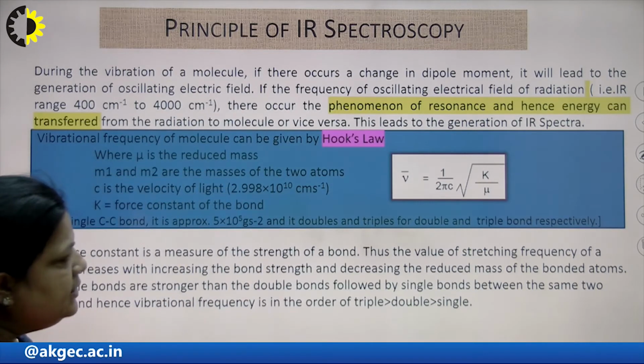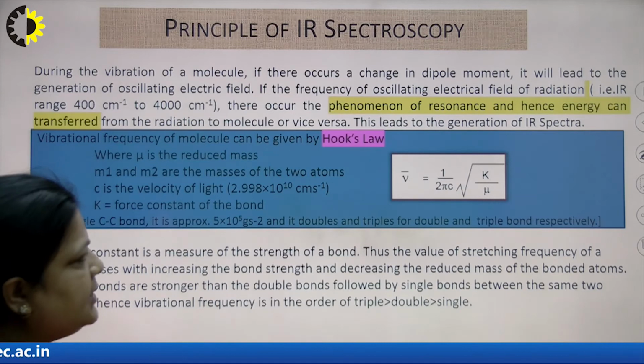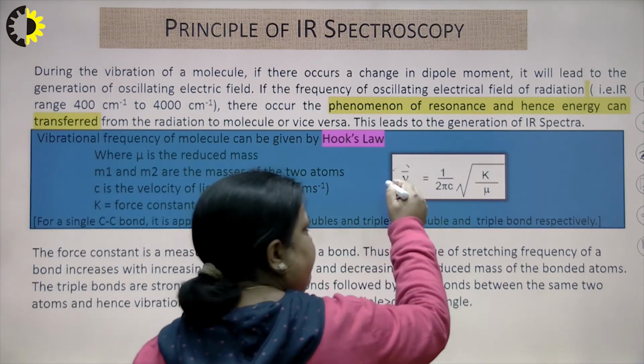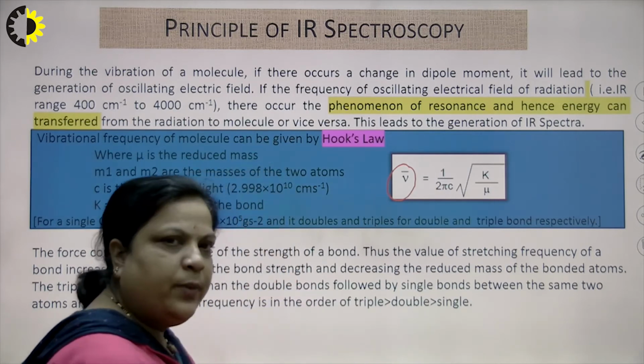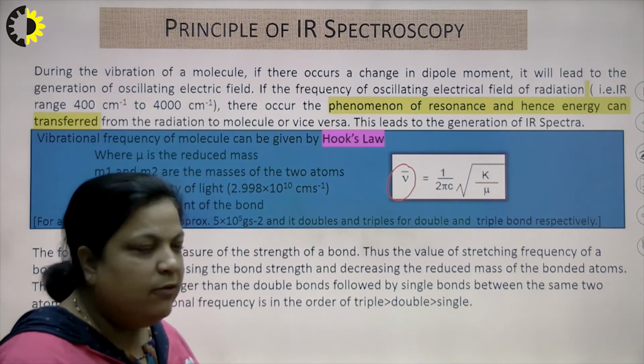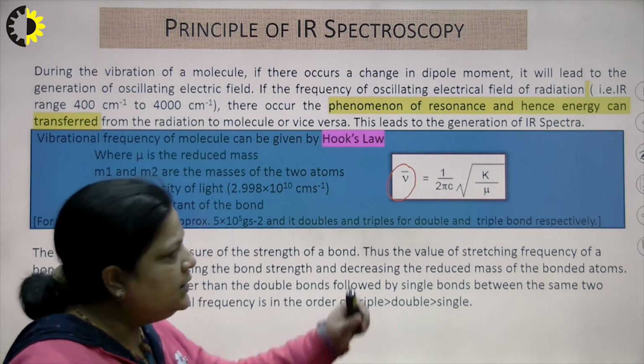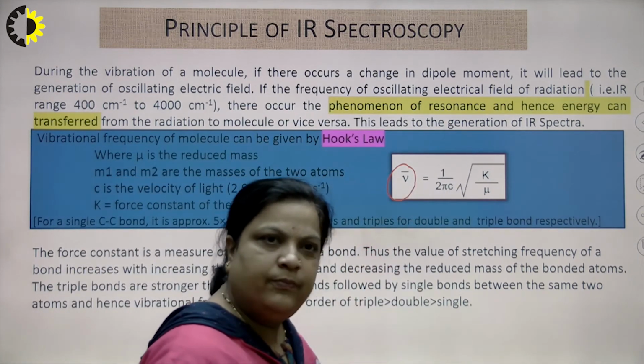Since we say that the bonds are like a spring, we can apply Hooke's law. As per Hooke's law, the wave number nu bar is equal to 1 upon 2 pi c times the square root of k upon mu, where k is the force constant. If the bond is strong, the value of k is also high.